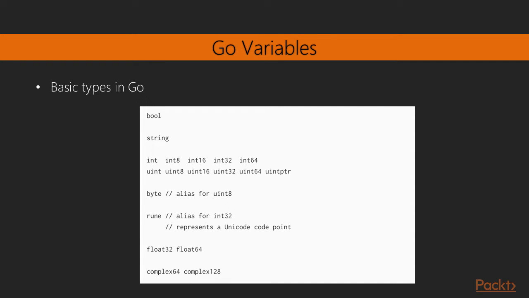Go supports all types you would expect from a modern programming language. As we continue in our journey, we will be using these types to build the Hydra spaceship software. If you use int, Go will decide for you whether it's int32 or int64 based on your operating system.